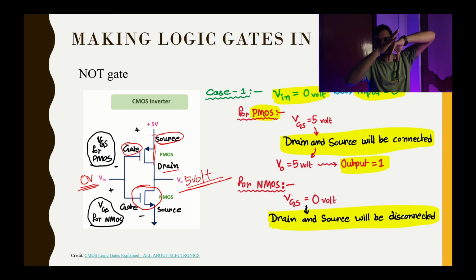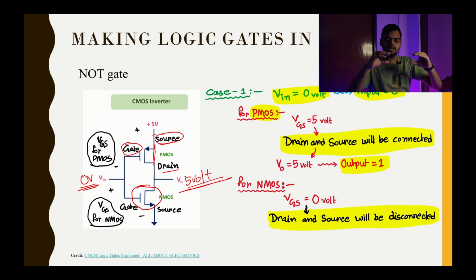It has 0 volt and it has 0 volt. Having no voltage difference means there is no connection between drain and source. As they don't get connected, the output doesn't matter in the case of NMOS.